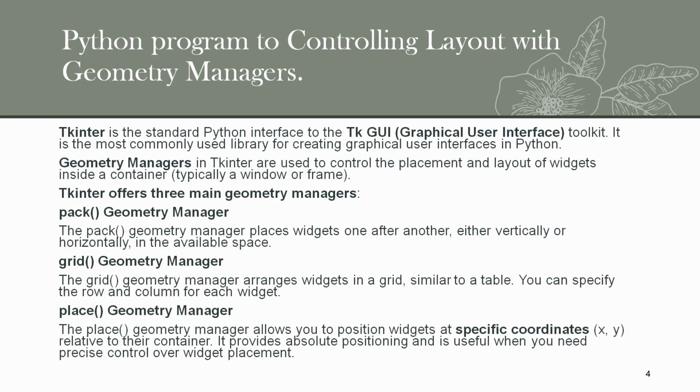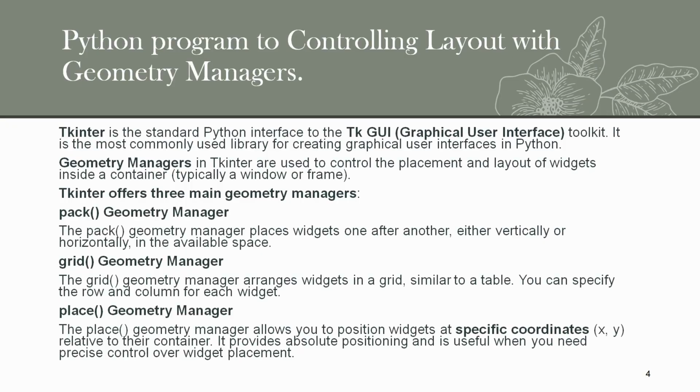Grid is going to place widgets in a grid, similar to a table. We specify the row and column, how many rows we need, how many columns we need. So when we want specific rows and columns, we use the function grid(). And place is for specific coordinates, like in a graph we use the coordinates x, y.